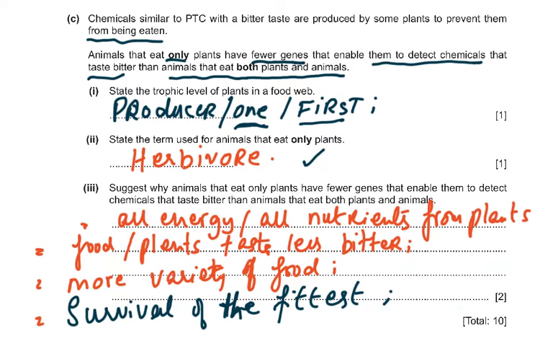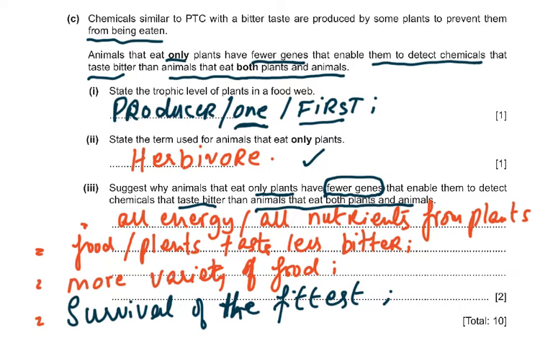Then it says suggest why animals that eat only plants have fewer genes. So herbivores have fewer genes that enable them to detect chemicals that taste bitter, and animals that eat both plants and animals have more genes. Now the reason is that all energy and all nutrients come from plants, the producers.